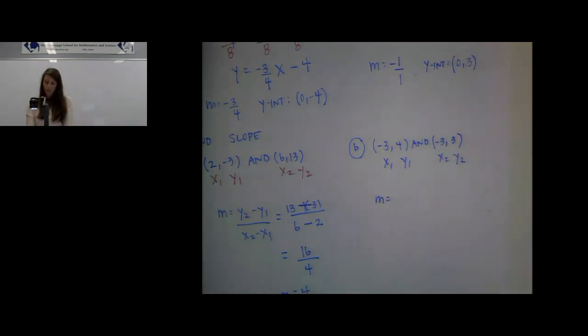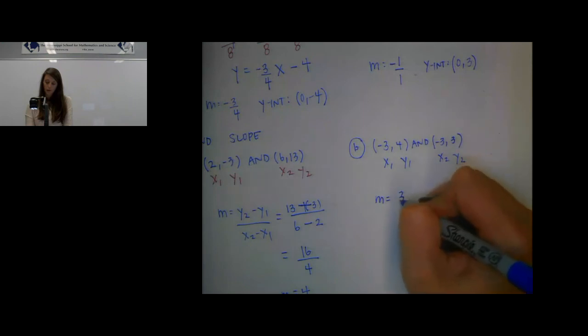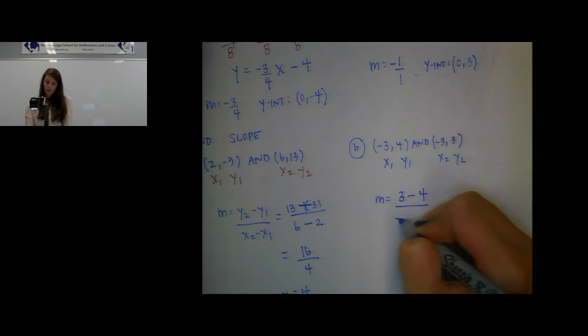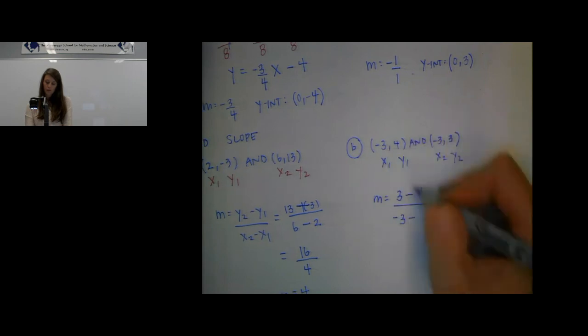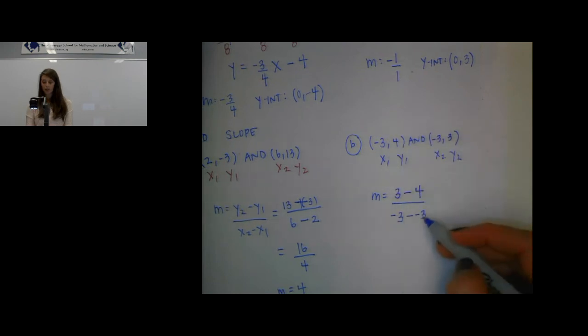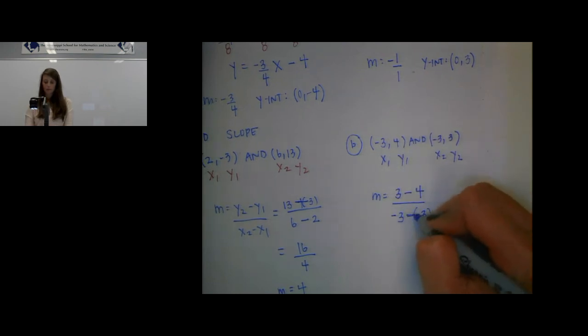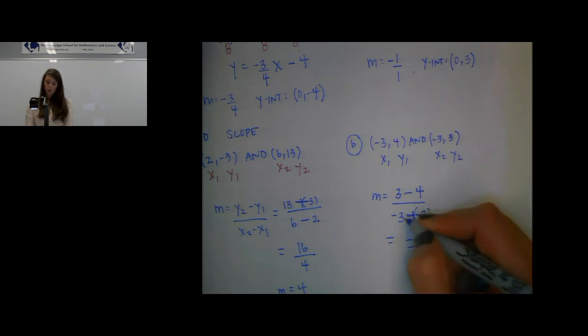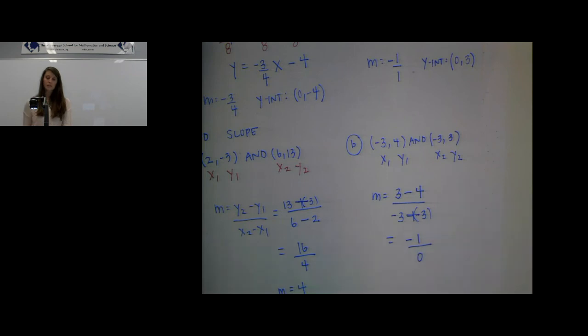So to find the slope here, we'll say y2, so 3 minus y1, which is a 4, all over your x2, which is -3, minus -3. So always make sure you plug in the sign with that. So it's got a minus a negative there, so that turns into positive. So 3 minus 4 is -1. -3 plus 3 is 0.